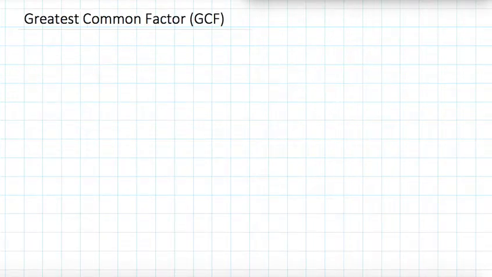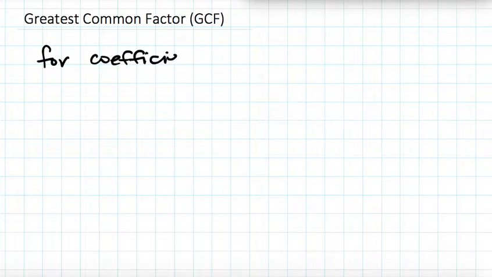And to find the greatest common factor, we do different things for coefficients and variables. So for coefficients, we are looking for the largest number that all coefficients can be divided by.